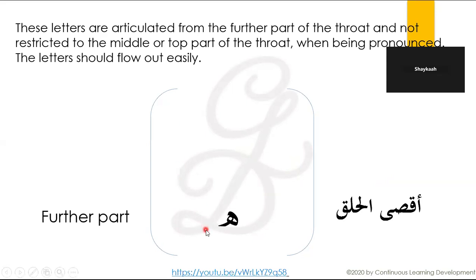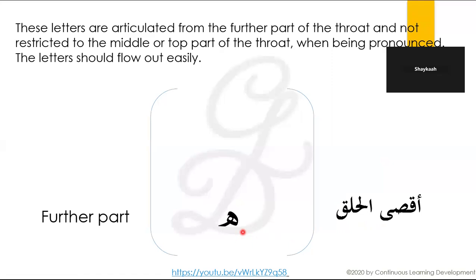Hamzatul Qata is the name, and it's pronounced as alif, and that comes from the further part of our throat. We mentioned that it is known as Aqsa al-Halq, and in the same place comes the letter Ha: He, Ho, Ha.